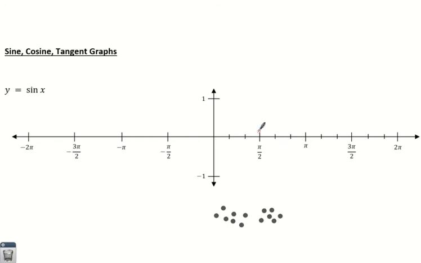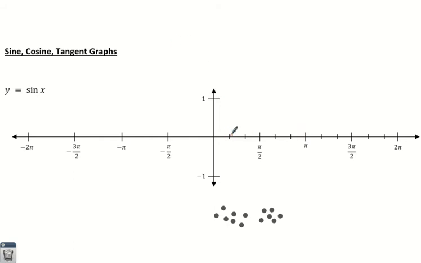Normally when you graph something, you label the x-axis 1, 2, 3, 4, but wouldn't it make a lot more sense to label the x-axis and break it up in terms of pi? So like here's pi over 2, here's 3 pi over 2, and if you notice these little notches, what I essentially did is broke up pi in sixths, right?